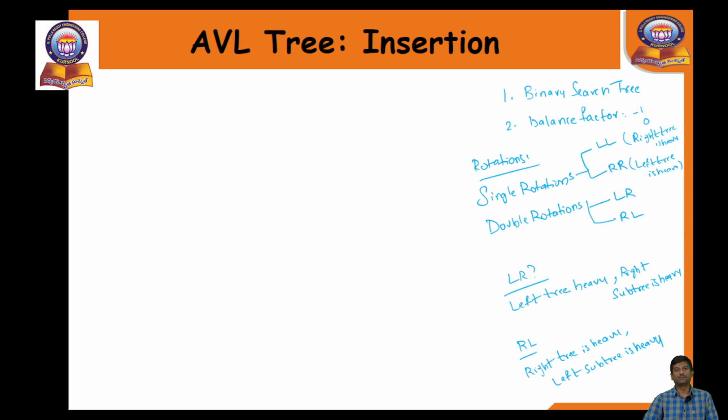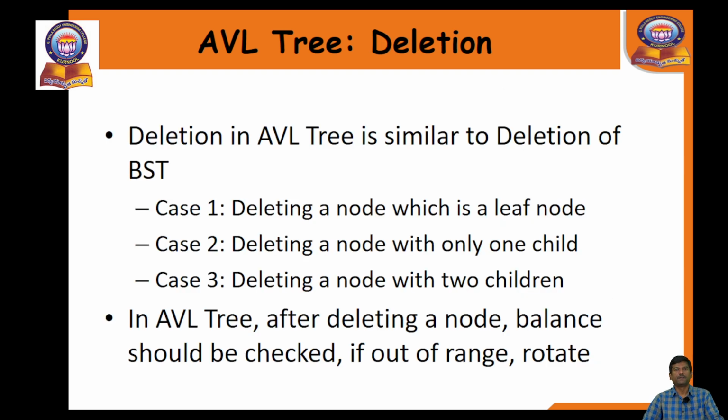So based on this introduction related to AVL trees, we shall cover the AVL tree deletion part. Deletion in the AVL tree is similar to the deletion in the binary search tree. So if you need to know about AVL tree deletion, you should also have the prerequisite of understanding how we can delete a node within the BST, that is binary search tree. There are three cases involved whenever you want to delete a node in the binary search tree.